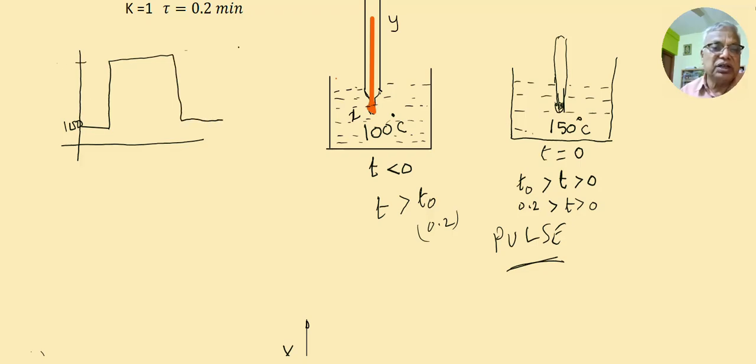So this is 150. All lines are perfectly horizontal and vertical, even though they don't look like it when drawn. This is t naught, and this is at 0.